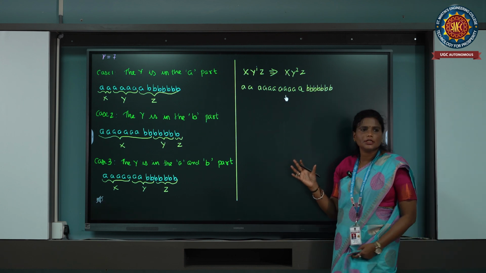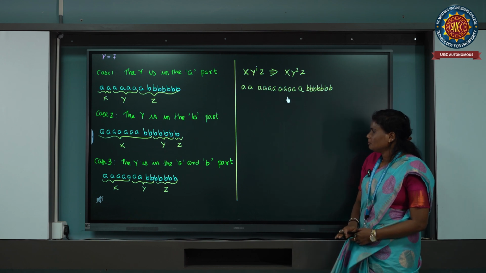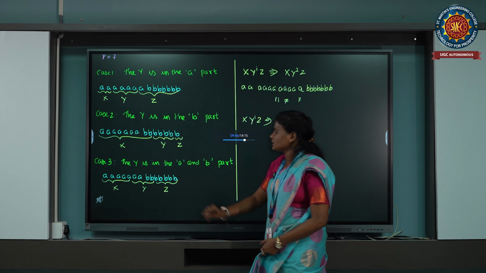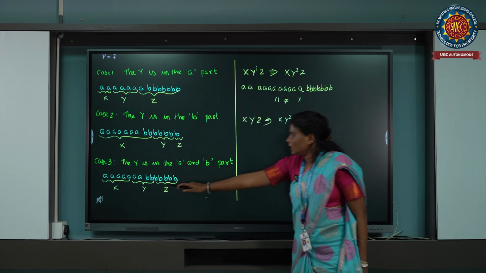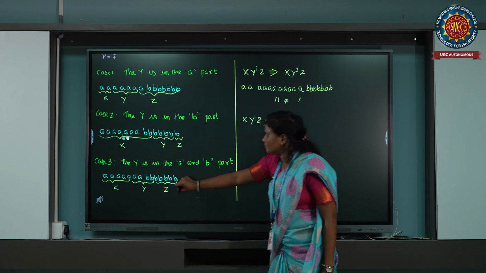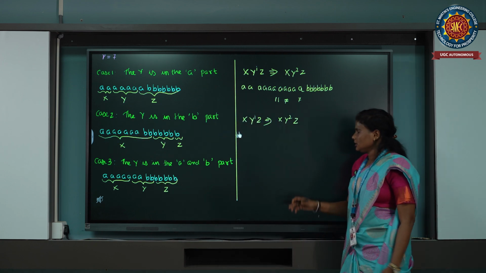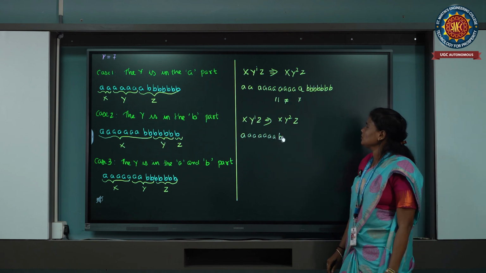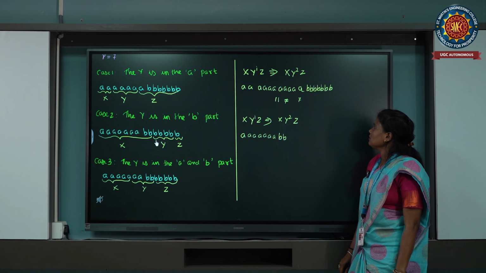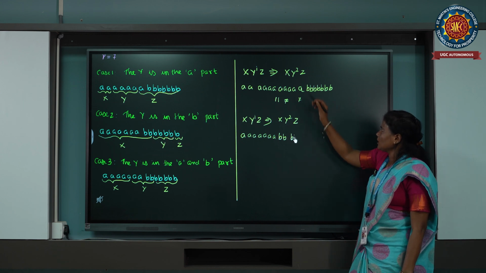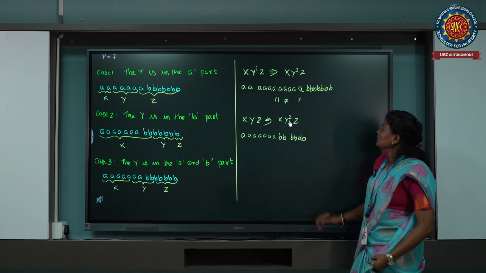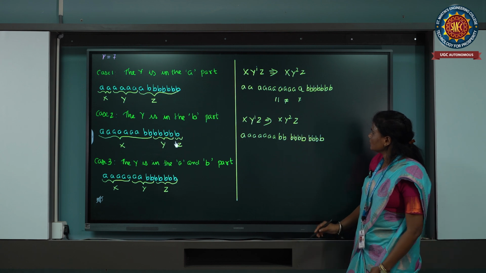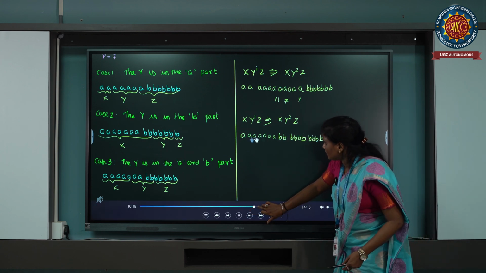That means Y contains both A and B. I am taking 2 A's and 2 B's as Y, 5 A's as X and the other B's as Z. If I put this condition, that is X Y to the power i Z, where i's value is 2, it shows the string totally does not follow the pattern of the original language.